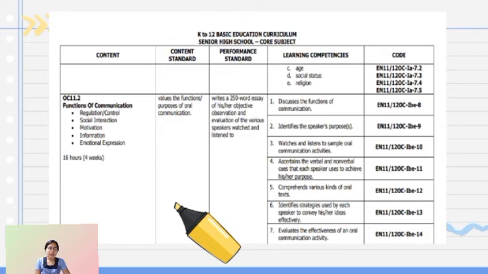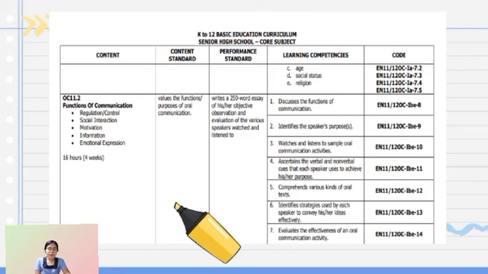And we have here under the content standards, the values, the functions, the purposes of oral communication. And in performance standard, we have writes a 250-word essay of his or her objective observation and evaluation of the various speakers watched and listened to.